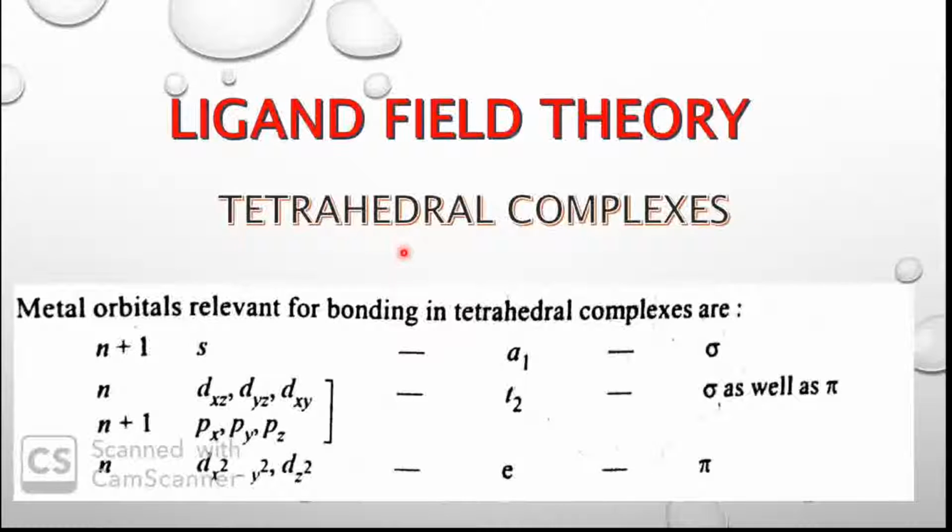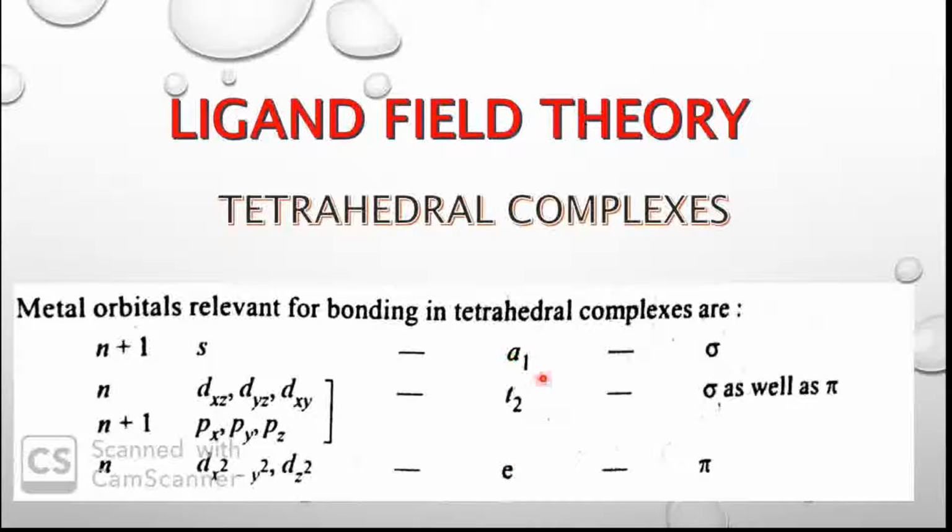But some things you can remember. These are the orbitals which can be used in making sigma and pi bonds in tetrahedral complexes. This is my s orbital, and it has this term in group theory, as I already told you in my previous lectures, that the origin of these terms is in group theory.